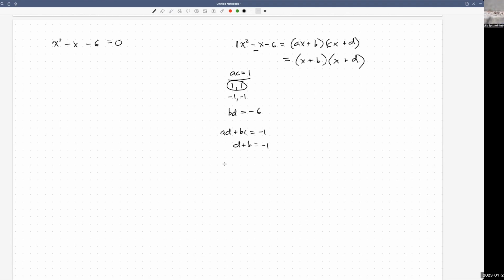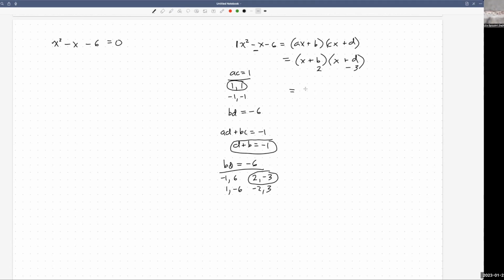So what are our choices for b and d? Well, since they multiply to be negative 6, they're either negative 1 and 6, 1 and negative 6, 2 and negative 3, negative 2 and 3. And all we're looking for is a pair of these so that their sum is negative 1. It's pretty simple to see that we have to have 2 and negative 3. So we're just going to have a 2 and a negative 3 for b and d.